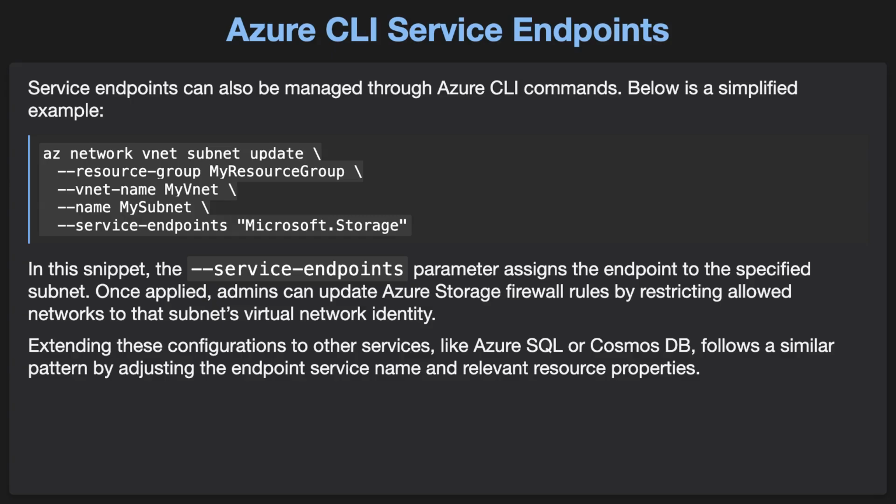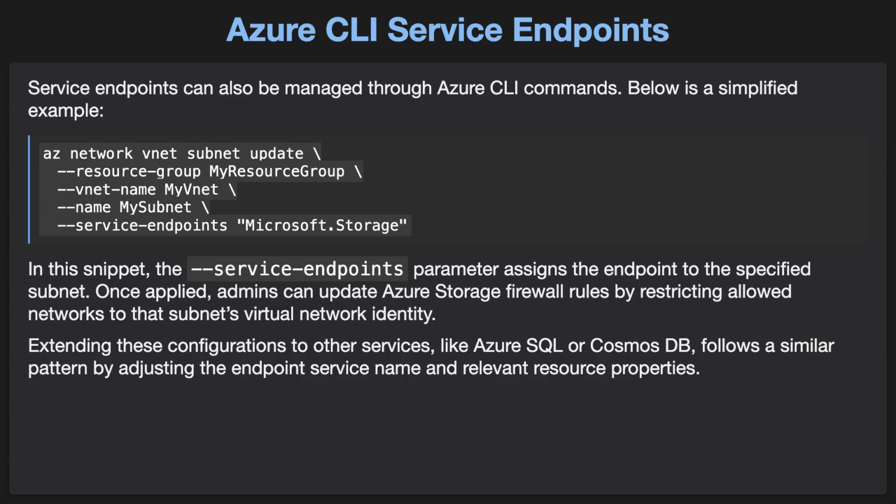Service endpoints can also be managed through Azure CLI commands. Below is a simplified example. Bash: az network vnet subnet update --resource-group myResourceGroup --vnet-name myVNet --name mySubnet --service-endpoints Microsoft.Storage. In this snippet, the service-endpoints parameter assigns the endpoint to the specified subnet.